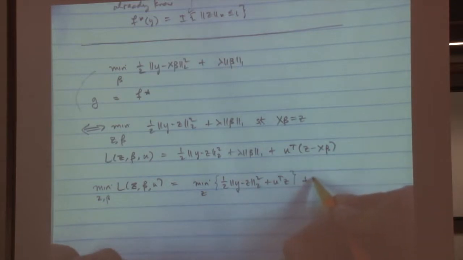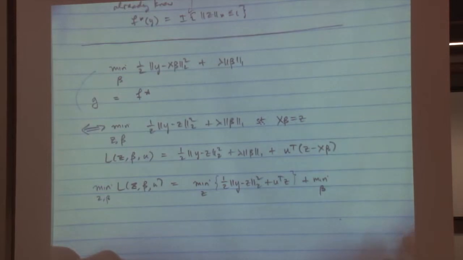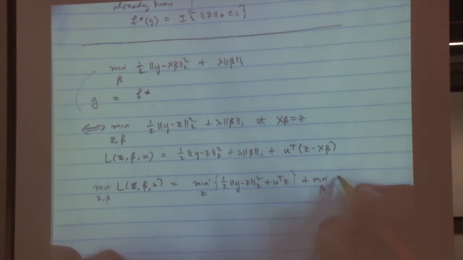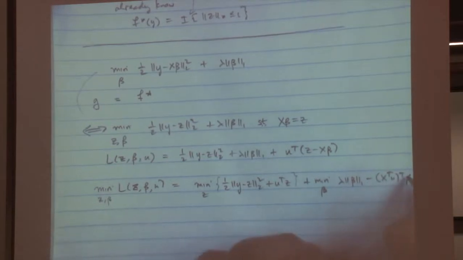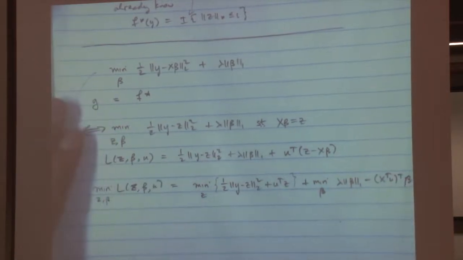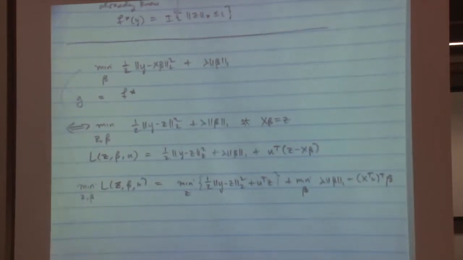Plus the minimum over all beta of lambda times the L1 norm of beta minus x transpose u transpose beta. I've just split it into two separate minimizations because it can be decoupled that way.